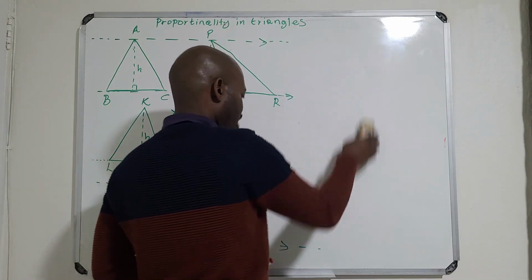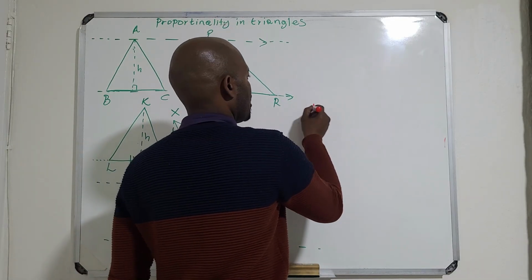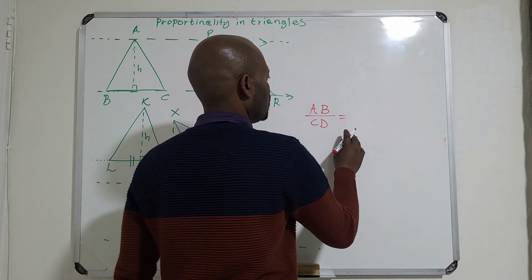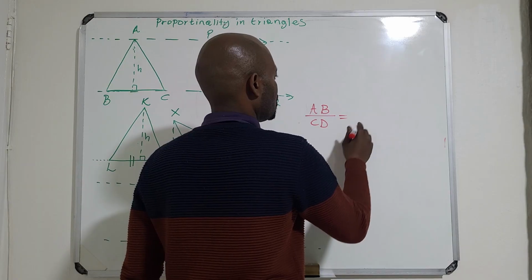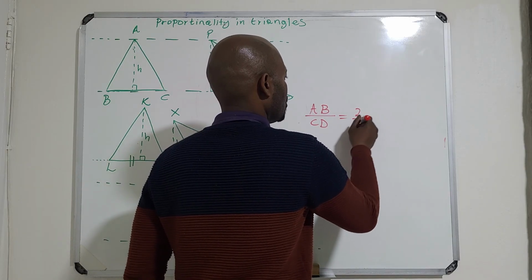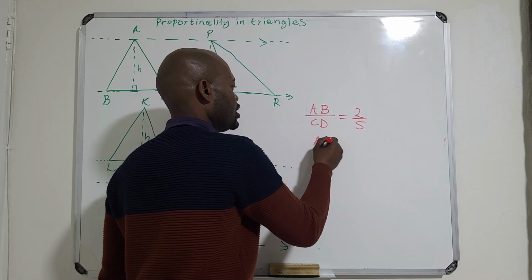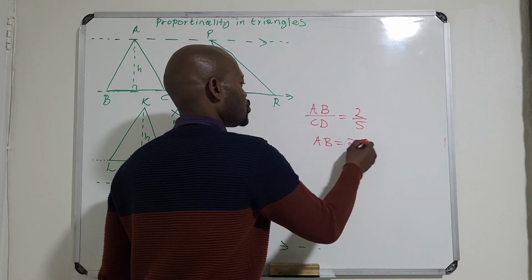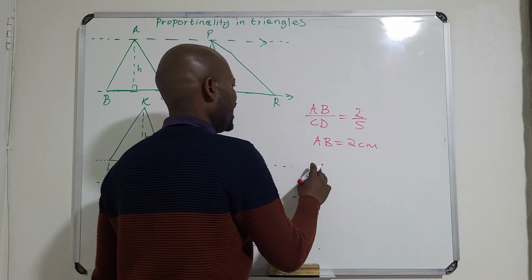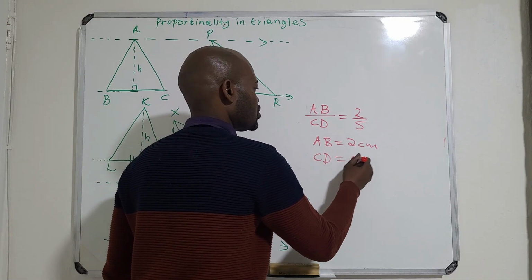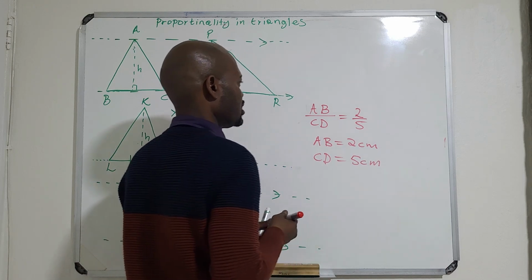Now, if I have AB over CD equals 2 over 5, this does not mean that AB is equal to 2 centimeters. It also does not mean that CD is equal to 5 centimeters.